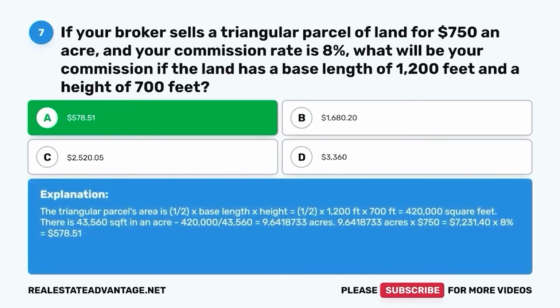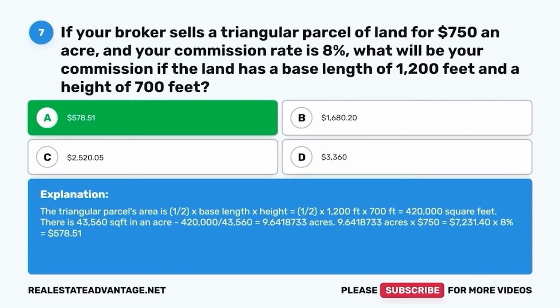$578.51. The triangular parcel's area is 1/2 times base length times height equals 1/2 times 1,200 feet times 700 feet equals 420,000 square feet.